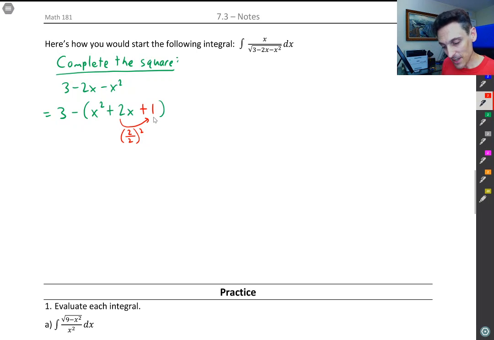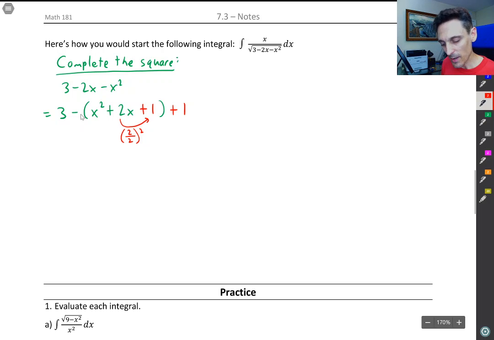Now that changes the expression, right? Adding 1 inside the parentheses here is going to change the overall expression. But how does it change it? Well, adding 1 inside the parentheses is really like subtracting 1 from the overall expression, and that's because of this negative that would distribute to the positive 1, making it a minus 1. So to cancel off the effect of the minus 1, we're going to have to put an extra plus 1 outside the parentheses.